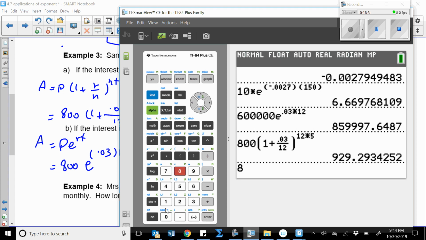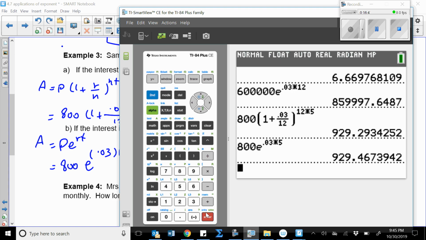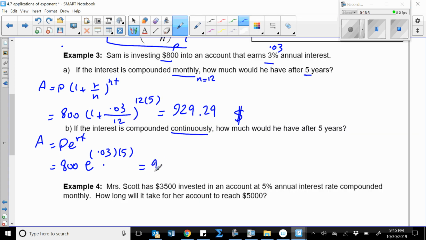It will be 929.46 dollars. So that means if you have compounded continuously, then you will have more money.